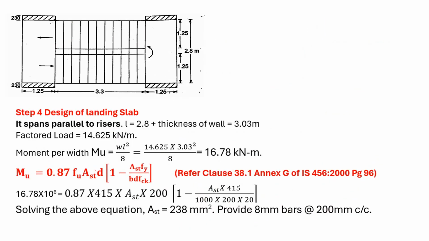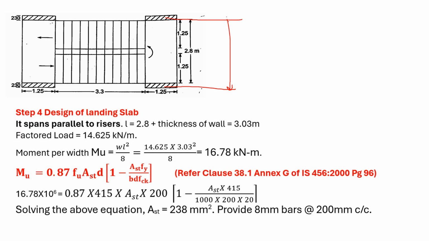Now that the design of flight is over, now we design for the landing slab. The length of the landing slab is calculated as the center to center distance between these 2 points.